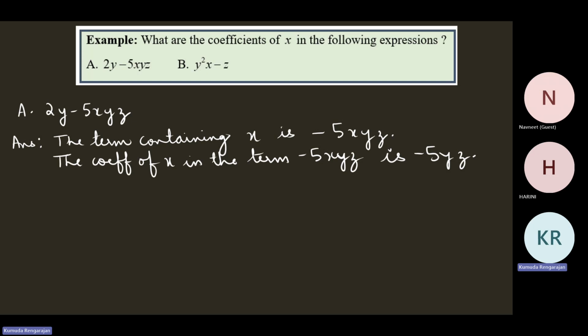So write that the term containing x is minus 5xyz, because the first term does not have x at all in it. And the coefficient of x in the term minus 5xyz is, don't write x, minus 5yz.